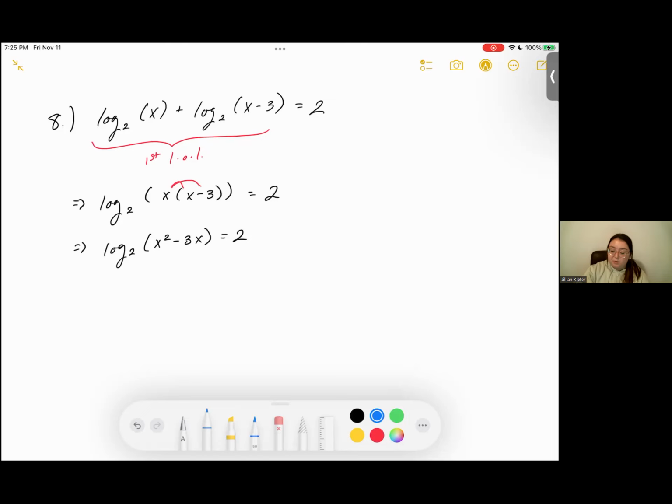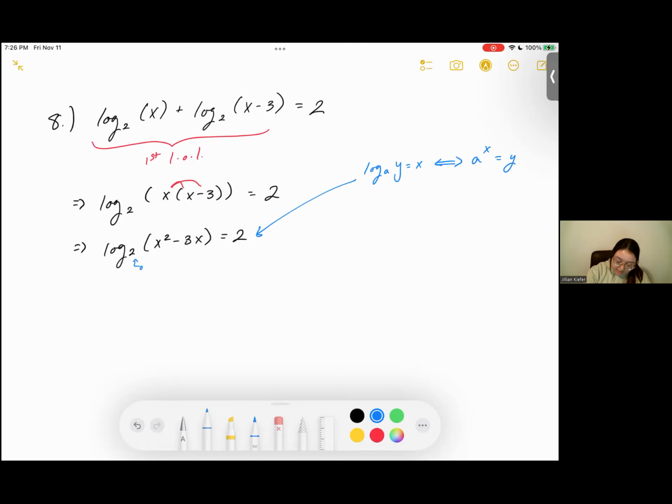Now is another time where we want to remember how to rewrite a logarithm into an exponential function. As a reminder, log base a of y is equal to x translates over to be a to the power of x is equal to y. So we want to identify the values here.